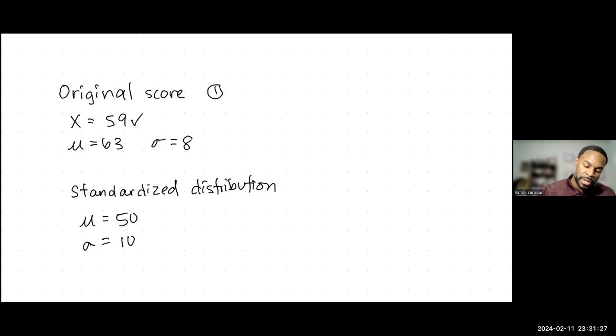The formula for the z-score is your x value minus your mean, over your standard deviation. I plug my numbers in: 59 minus 63, divided by 8.